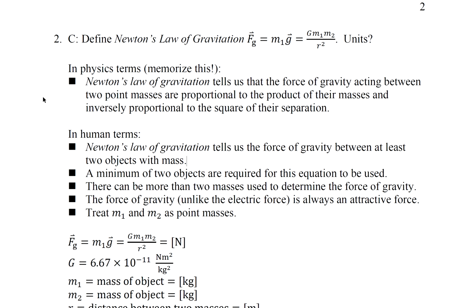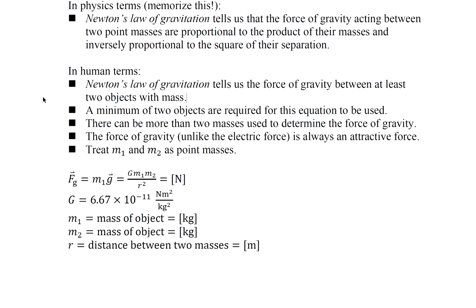The force of gravity, unlike the electric force, is always an attractive force. And treat m1 and m2 as point masses. Big G is the gravitational constant, 6.67 times 10 to the minus 11. We'll see examples of this equation in use at the end of this video, hopefully.